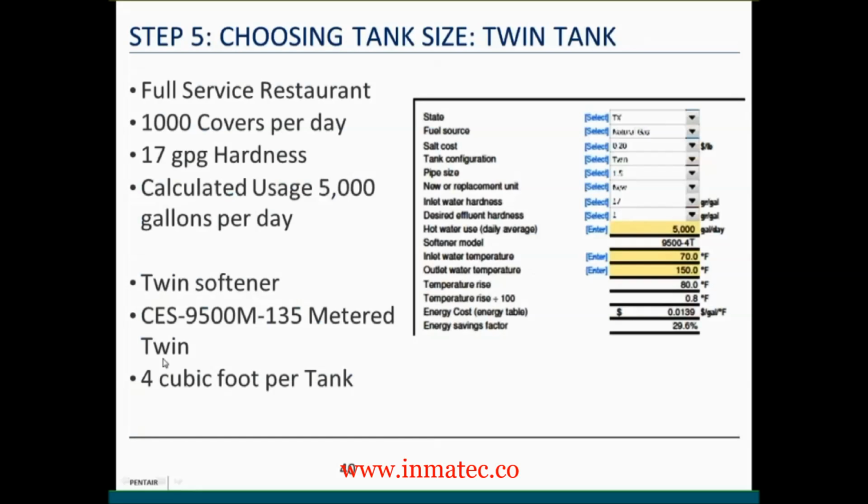But the thing about this is we're using all of that resin, not a safety factor that was calculated in the previous software. If you notice here, we have a 29% energy savings factor in using this software.